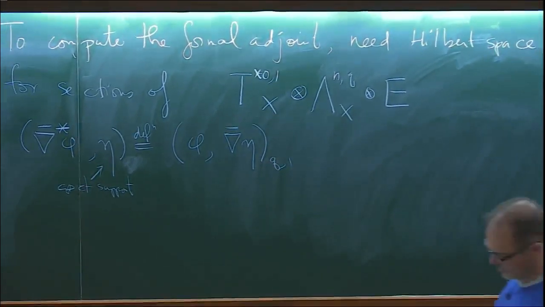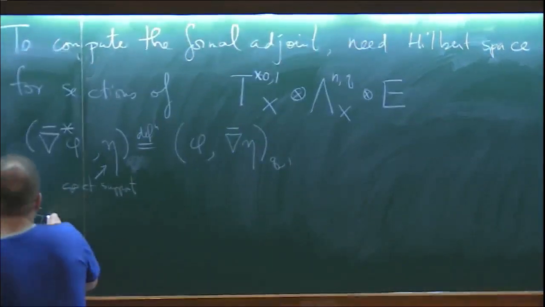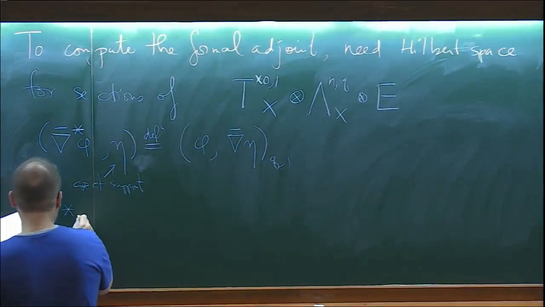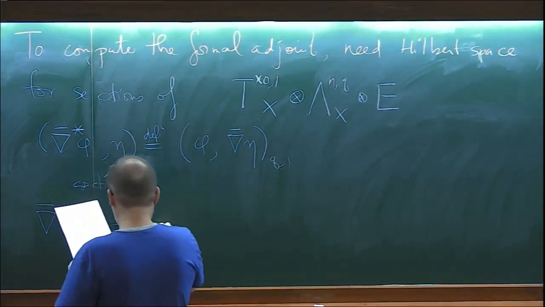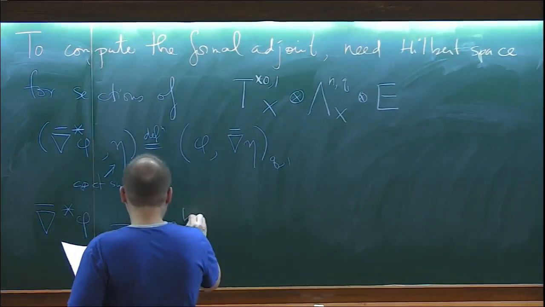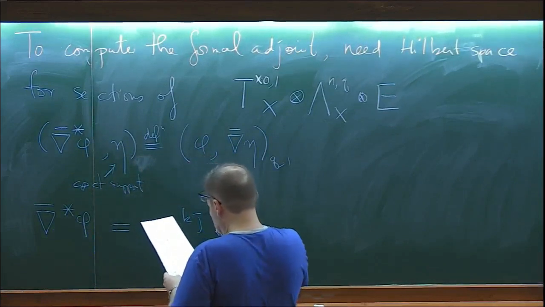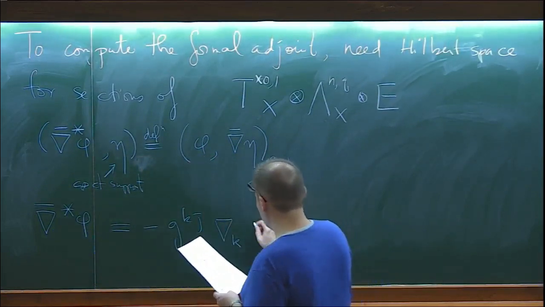Okay, and then this formula is also very easy to compute. It looks very similar, but it's slightly different. It's negative G K J bar nabla K, this is the Chern connection again, in the d by dzk direction.